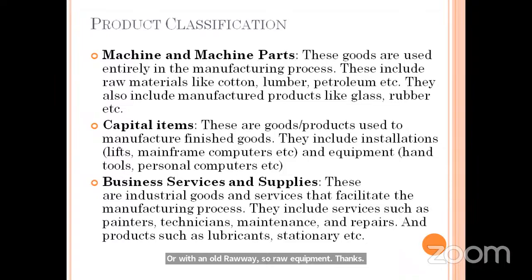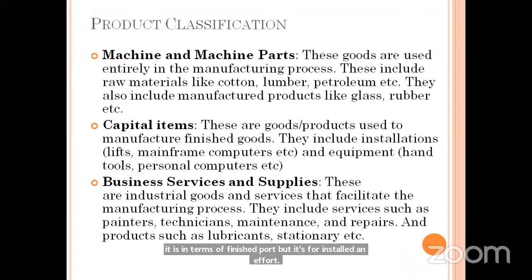Came to the second one, capital items. These are the goods or products which are manufactured in terms of finished goods, and they include installations like mainframe computers and all equipment and others. So these are capital items which you buy from the market, in terms of finished goods, but they have to be installed. For example, you bought a mobile, so is it finished? Is your work finished when you buy a mobile?